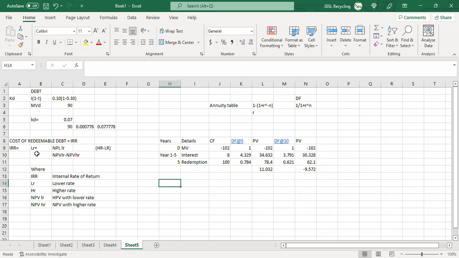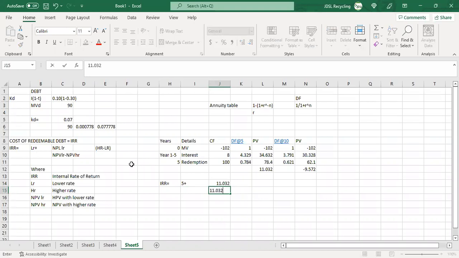So from this information, what is our lower rate, LR? 5%. 5% plus NPV at lower rate. NPV with lower rate is 11.032, divided by NPV lower rate, 11.032, minus NPV higher rate.